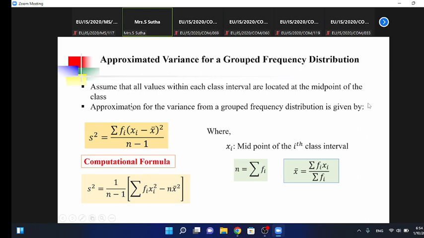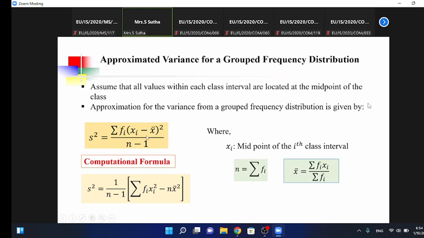So this will be an approximation because we are not considering the original values. If there are 5 observations in the first class interval, then we assume each observation in that interval is the same as the midpoint of that class interval. So definitely this will be the approximate variance for a grouped frequency distribution, calculated by this formula.